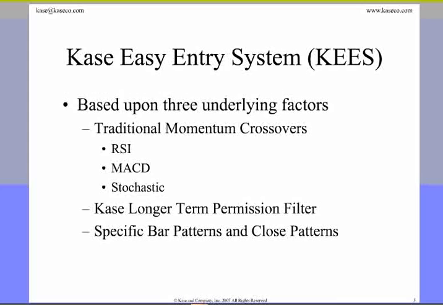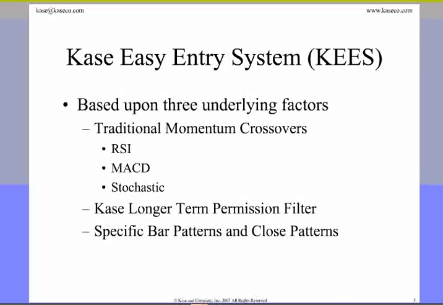The first system that we're going to take a look at is my entry system. The entry system is really a very simple system in that it uses momentum crossovers. It uses RSI, MACD, and stochastic crossovers. The big thing that's different is that we have a unique, longer-term permission filter.